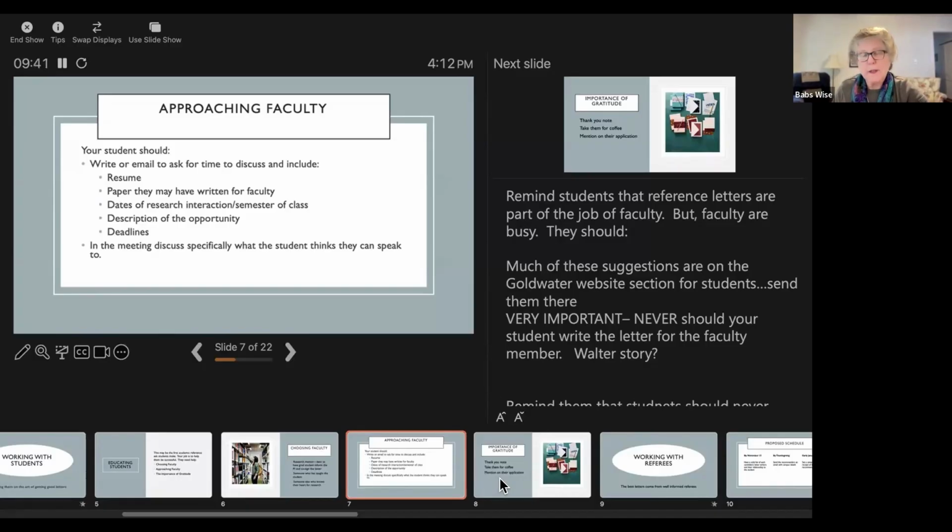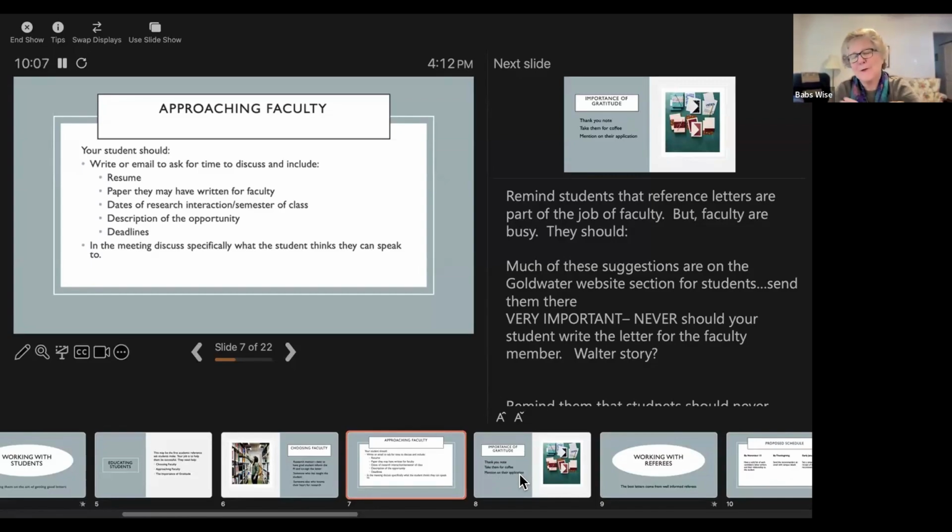It's very important that you teach your students that they should never draft the letter. That is the job of the faculty member. And if you're a member of the National Association of Fellowship Advisors, having the student write the letter is totally against the ethics code. And so it's very important that you think about that.